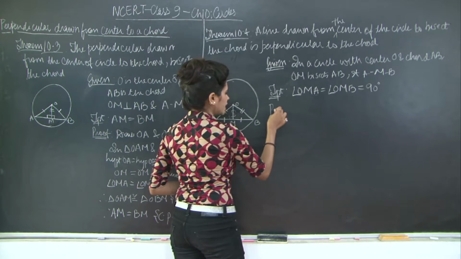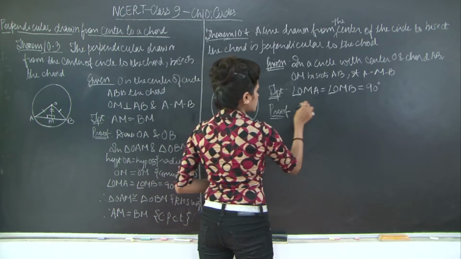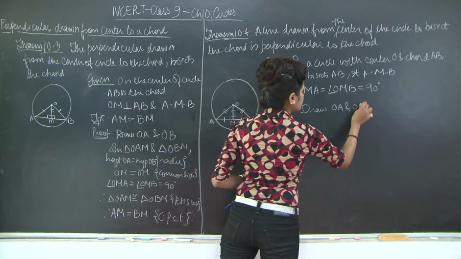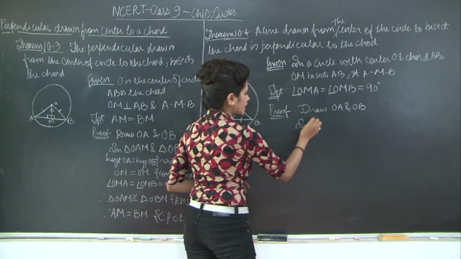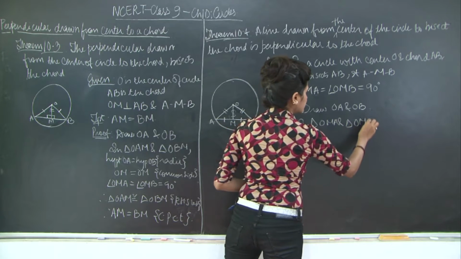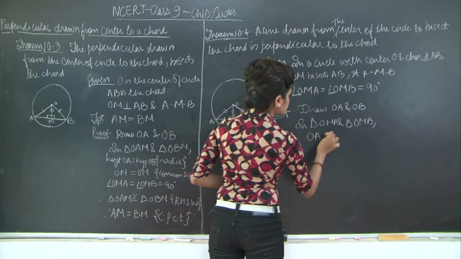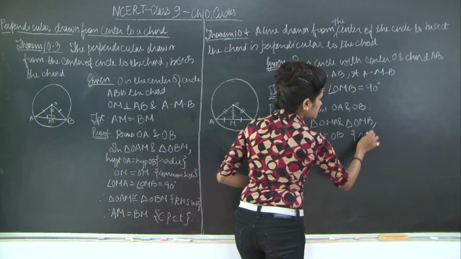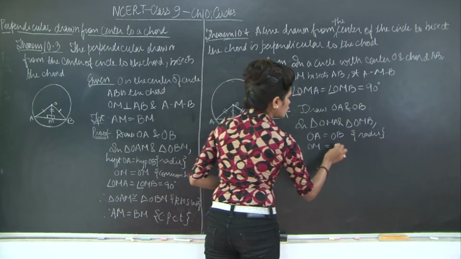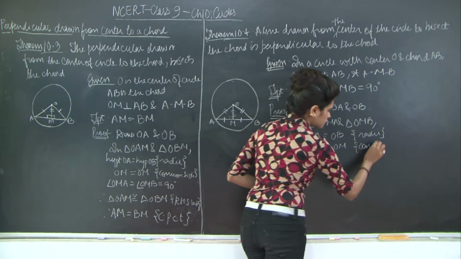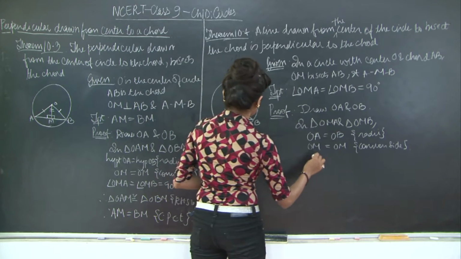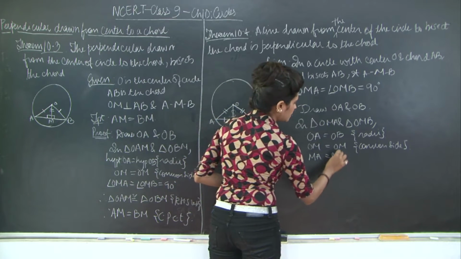So, I will say proof, and first we will write about the construction. I will say draw OA and OB, and then I will say in triangles OMA and OMB, I have OA is equal to OB because they are the radii of the circle. Then I have OM is equal to OM since it's the common side, and also I have MA is equal to MB.